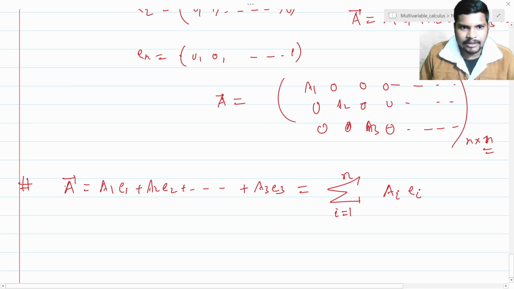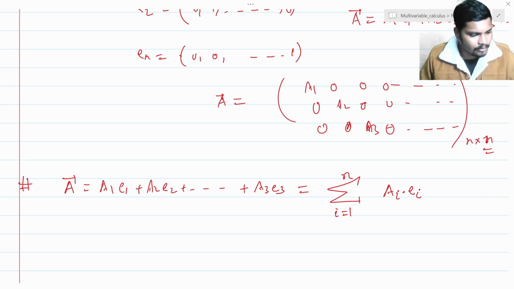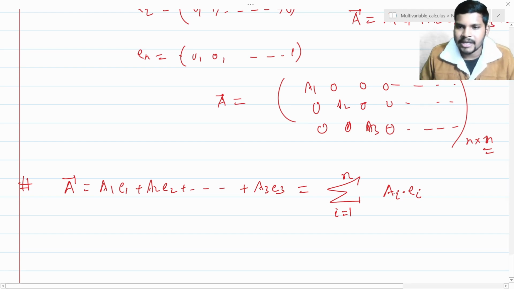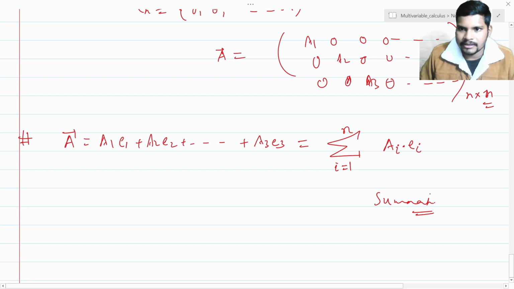That if you have a vector, then this vector can be expanded in terms of a basis just by doing this. All right, so this is extremely important, and when you read general relativity, you will realize that you are going to use the summation sign, Einstein's summation, which is showing you the inner product of ai and ei. So in Einstein's case, I am going to write it over here as ai ei.